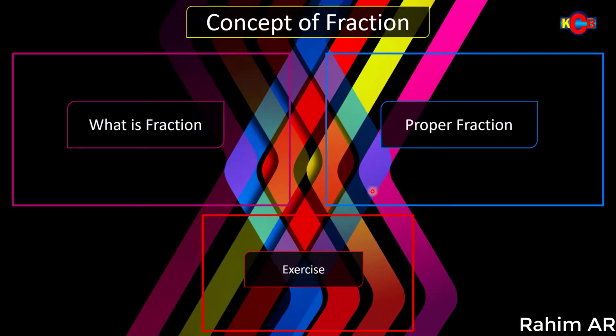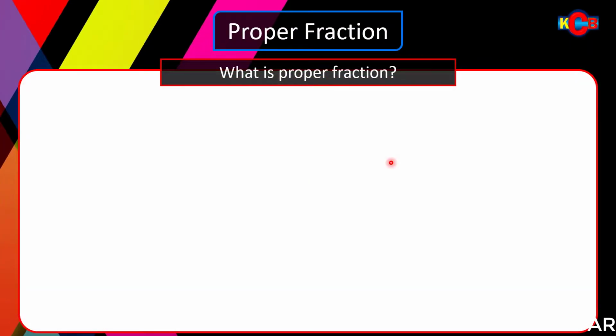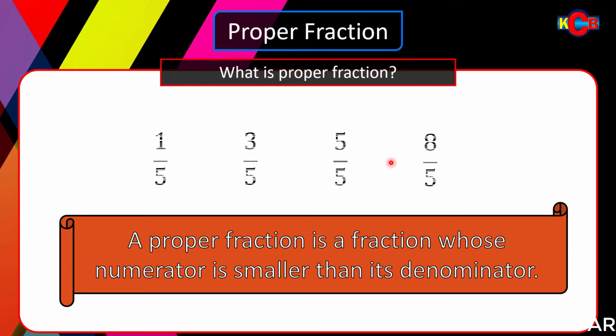Now, we will learn about the proper fraction. A proper fraction is a fraction whose numerator is smaller than its denominator. So now, there are 4 fractions here. If possible, can you try to guess which out of these 4 fractions are the proper fraction?